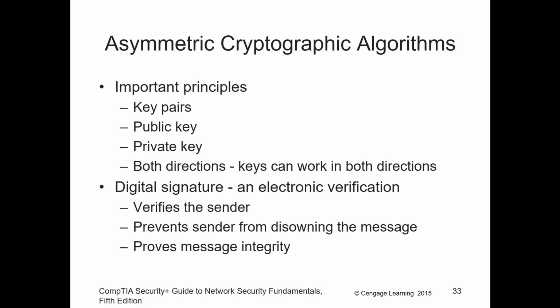Keys come in pairs. Public and private keys are required. Keys can work in both directions. Gotta be careful with this because we're going to talk more about that in the advanced portion, but there are questions there. Digital signatures are an electronic verification that verifies the sender, prevents the sender from disowning the message, and proves the message integrity.